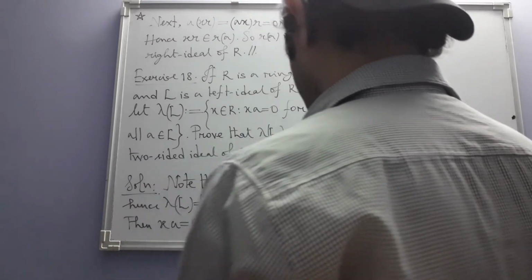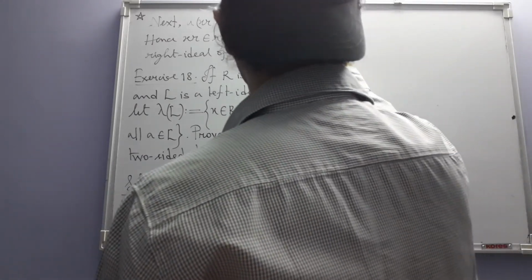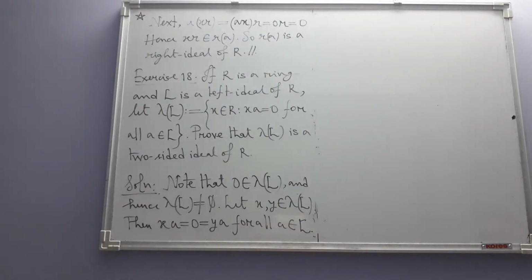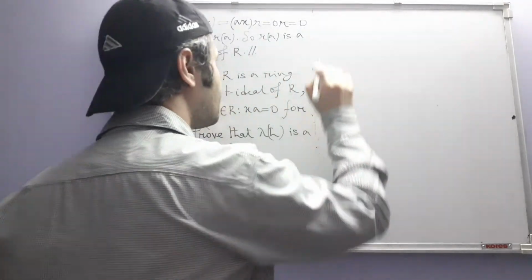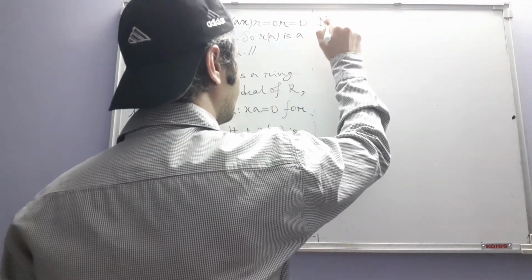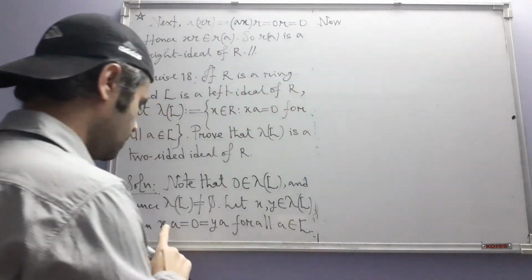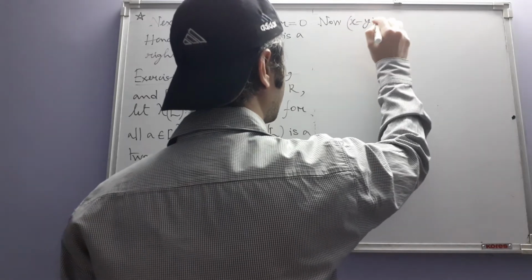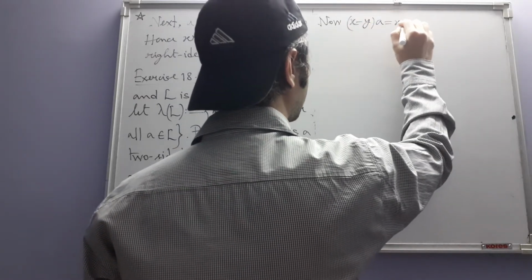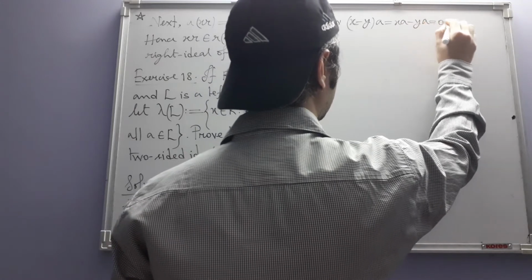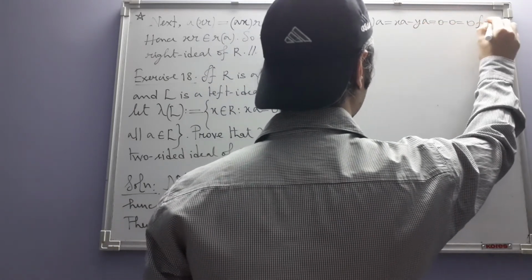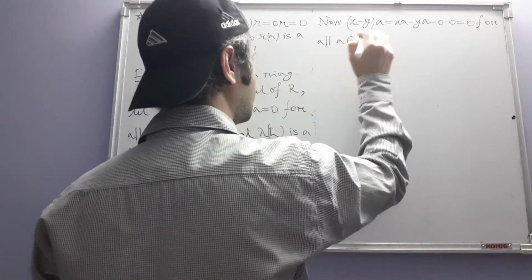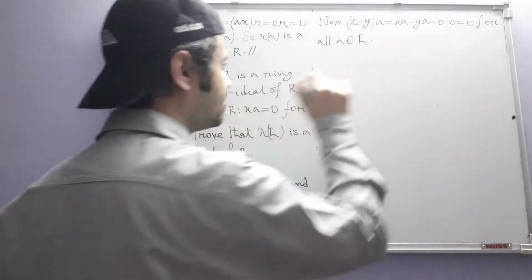Okay, so now x minus y is equal to xa minus ya, which is 0 minus 0, for all a belonging to L, right?